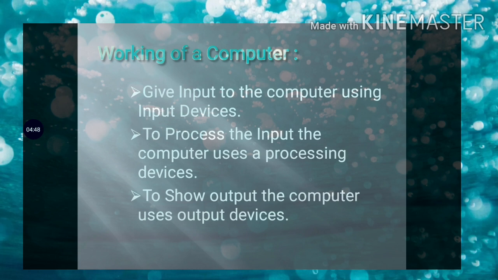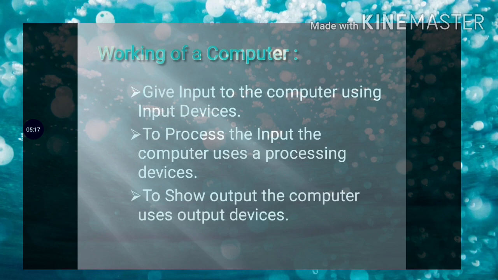You learned in previous classes about input devices and output devices, right? Keyboard. Using the keyboard we give the input here, 5, 4, 2. We use the keyboard to give the instruction to the computer.